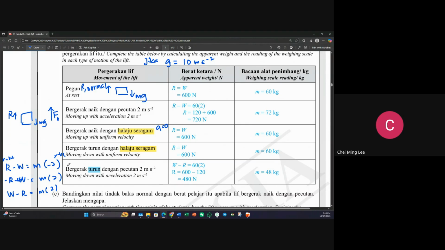Now, when moving down with acceleration 2 meters per second squared, just now moving up it was R minus W, moving down is W minus R equals to 60 times 2. So 600 minus 120 is 480 Newton, so M equals to 48 kg.